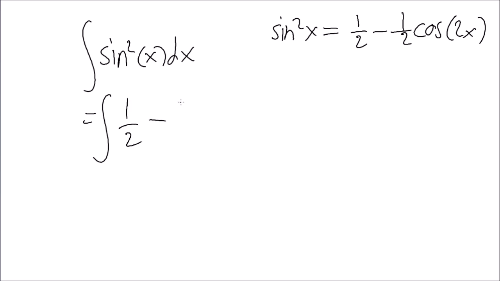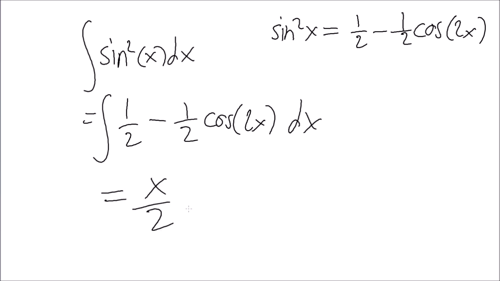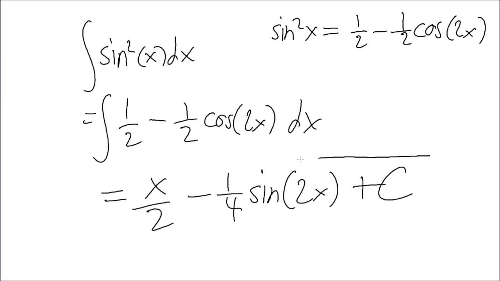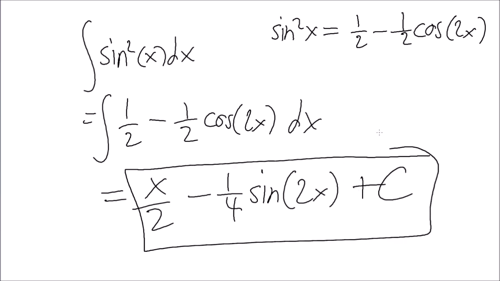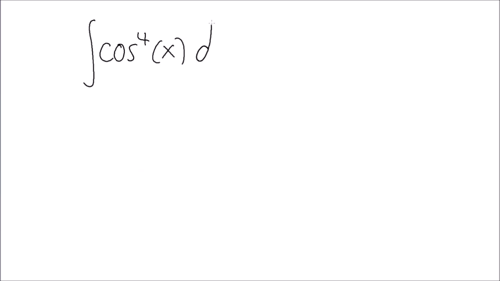So it's this, and that's the easier integral. So this is just x over 2 minus, and then that's sine. Don't forget that 2x divides, so it's 1/4 sine 2x because of chain rule, and then that's your answer.